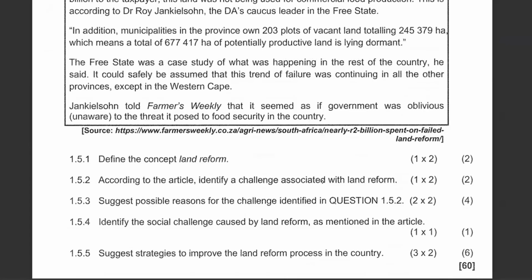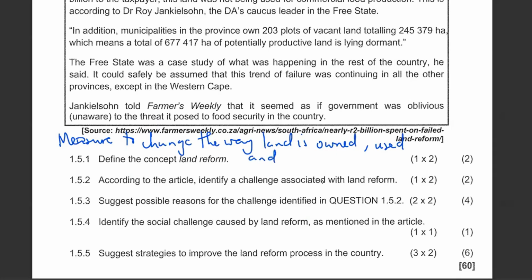So land reform, basically, we can say it's a policy or a measure to change the way land is owned, or used, and managed.